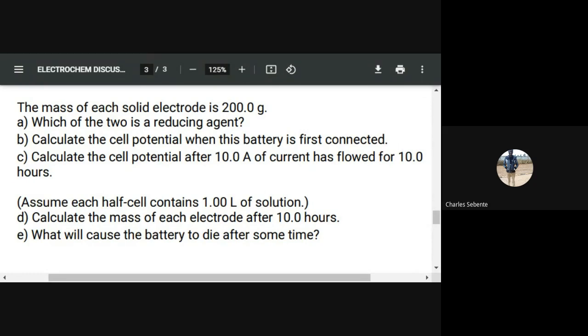So after that we can find the charge given the time and the current. I think you've already done that. So you multiply the current given times the time in seconds, and you're going to have 360,000 coulombs. That's the first thing that you do there. You've written it down.